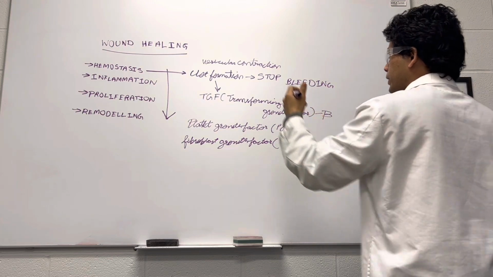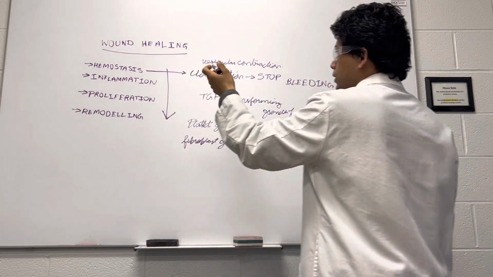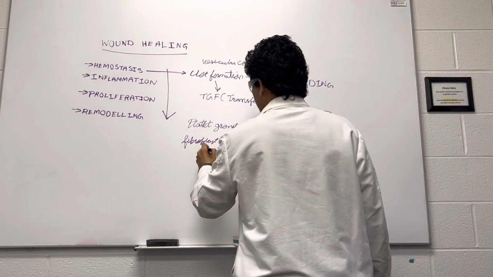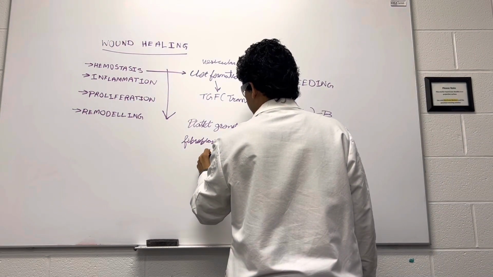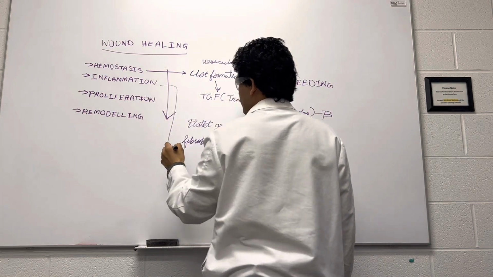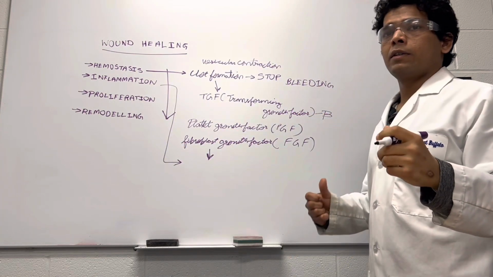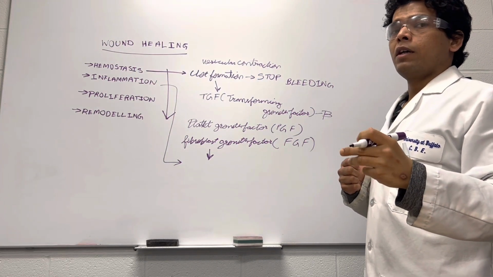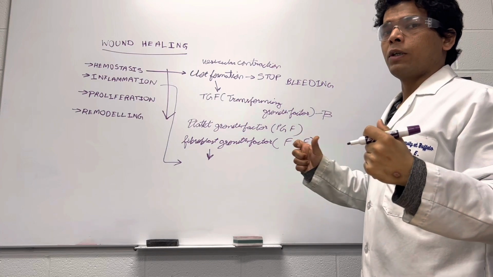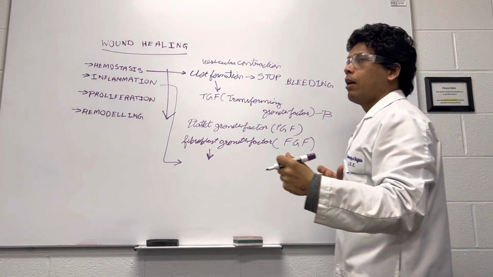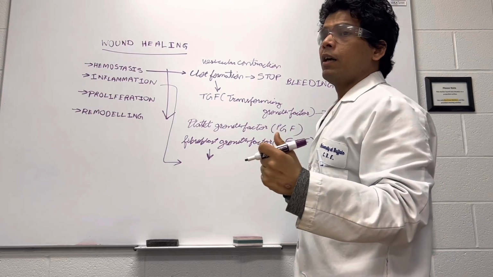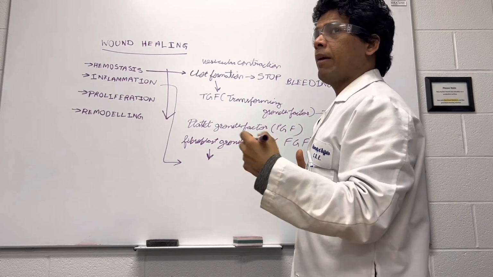After that, there needs to be a smooth transition from hemostasis to inflammation. In inflammation, whatever cell debris or foreign microbes are present at the place of the wound need to be killed, or they need to be gotten rid of near the wound place. Otherwise, they will further damage the wound.